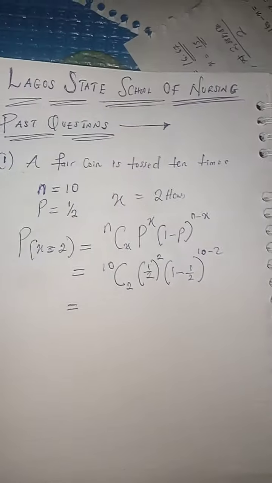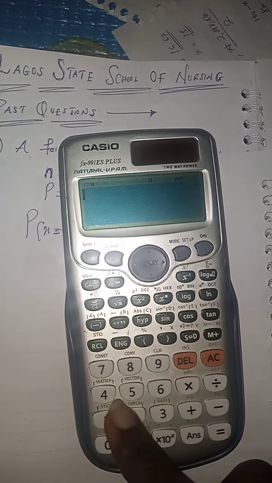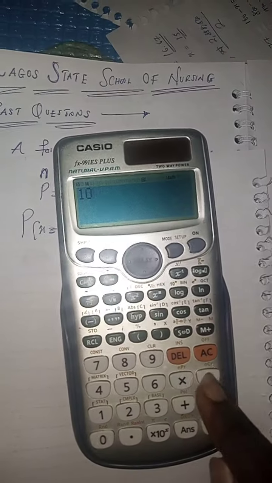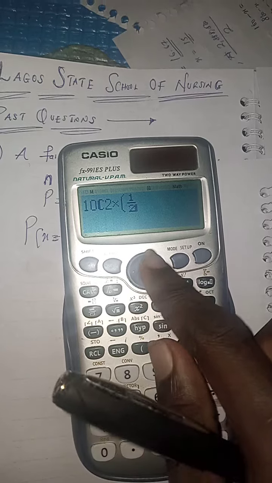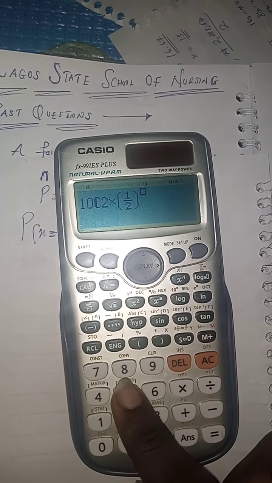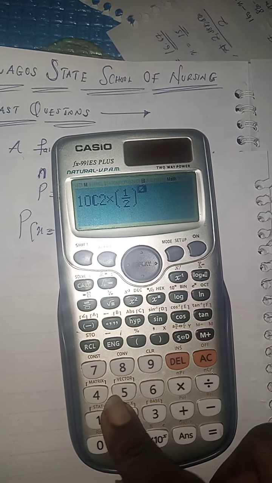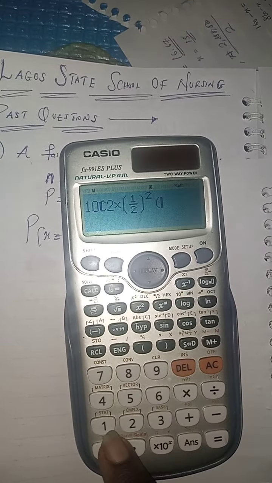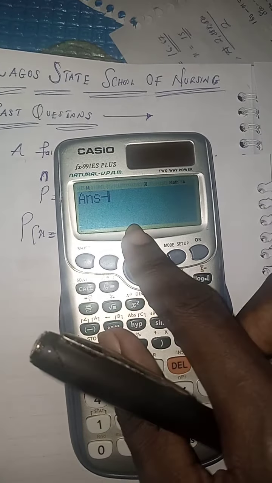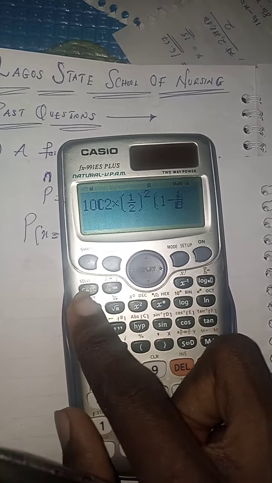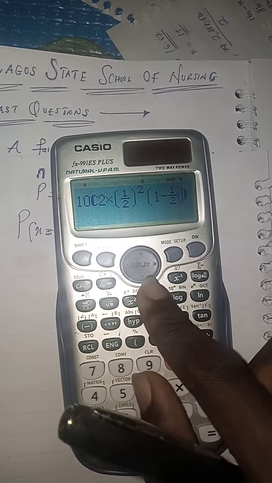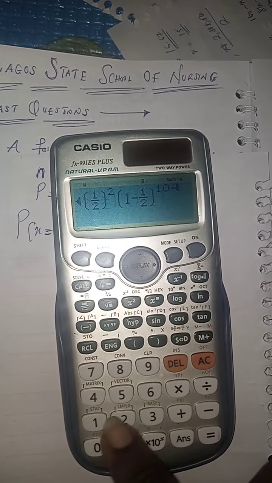In order not to waste our time, I will make sure I show the workings, but first I'll just use the calculator straight up: 10 combination 2 times 1/2 raised to the power of 2, times 1 minus 1/2, all raised to the power of 10 minus 2.